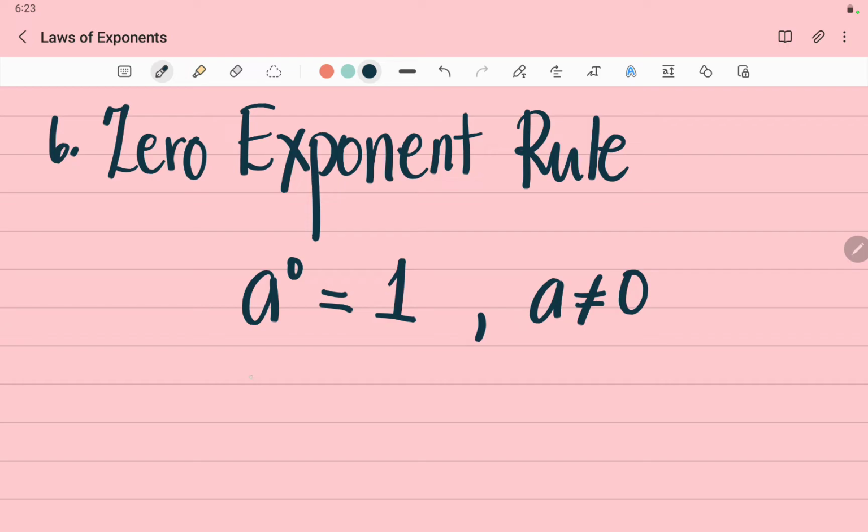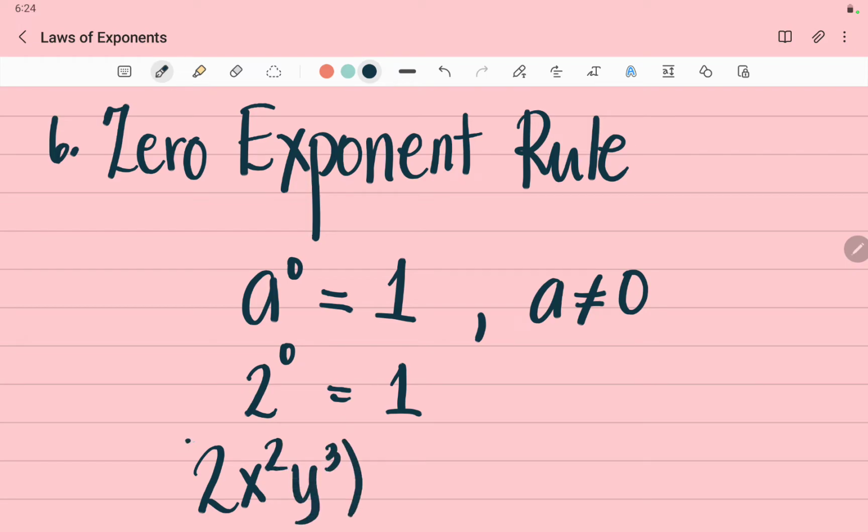Let's say we have 2 raised to 0, that is still 1. 0 is our power or exponent, and no matter what number that is, let's say (2x squared y cubed) raised to 0, that is still equal to 1. Is that clear, students?